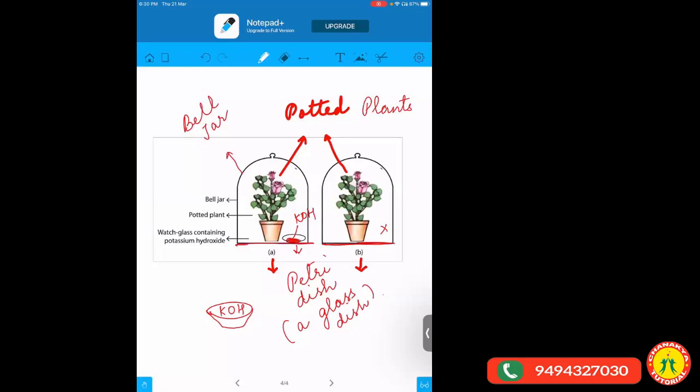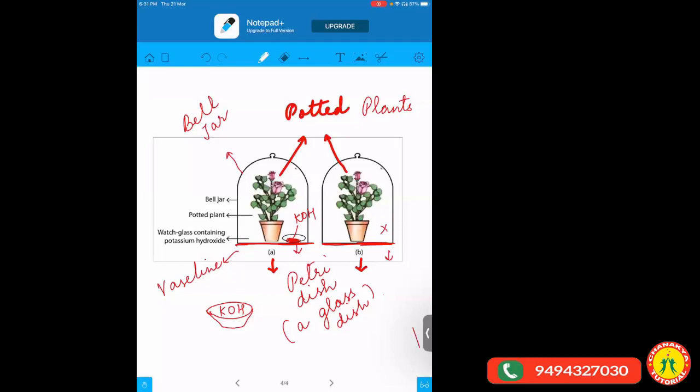So by doing so, what happened now? The air can pass easily, right? So by covering with the bell jar, the air can pass easily. So by using the Vaseline, they seal it tightly. They will be applying this Vaseline on the down part of it, where the potted plants are present and covering the glass jar, packing it tightly with the help of the Vaseline.